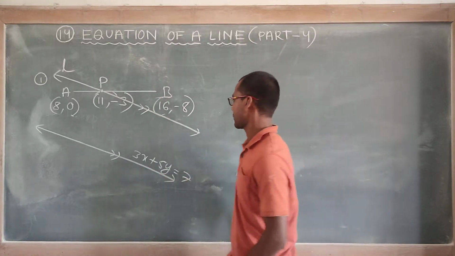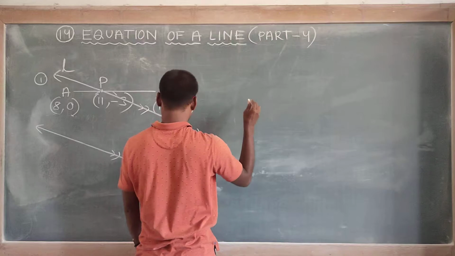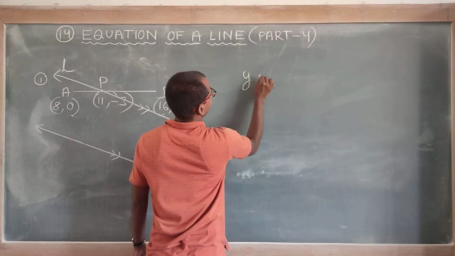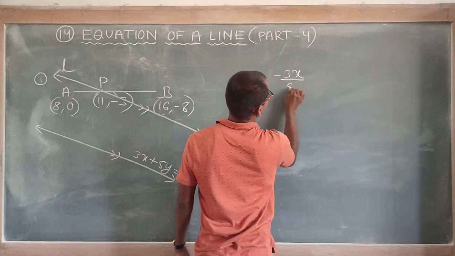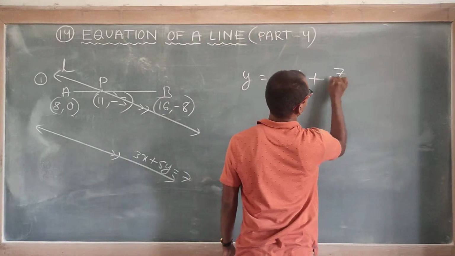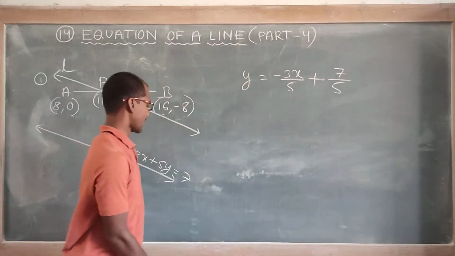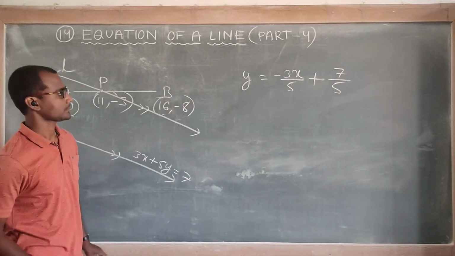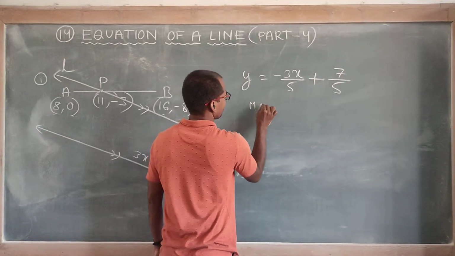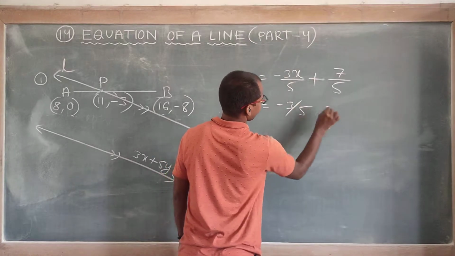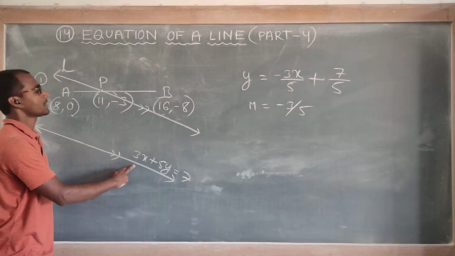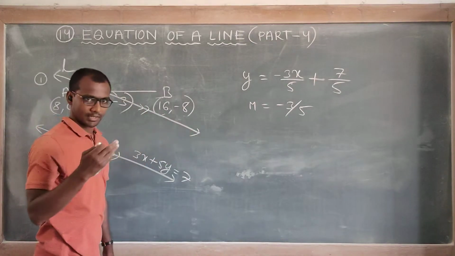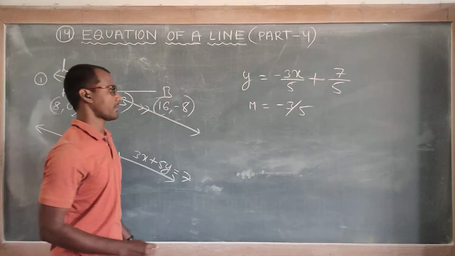We had already found y is equal to minus 3x by 5 plus 7 by 5 for this line. So slope is minus 3 by 5. Slope of this line is minus 3 by 5. Slope of this line, our target line, is also minus 3 by 5.